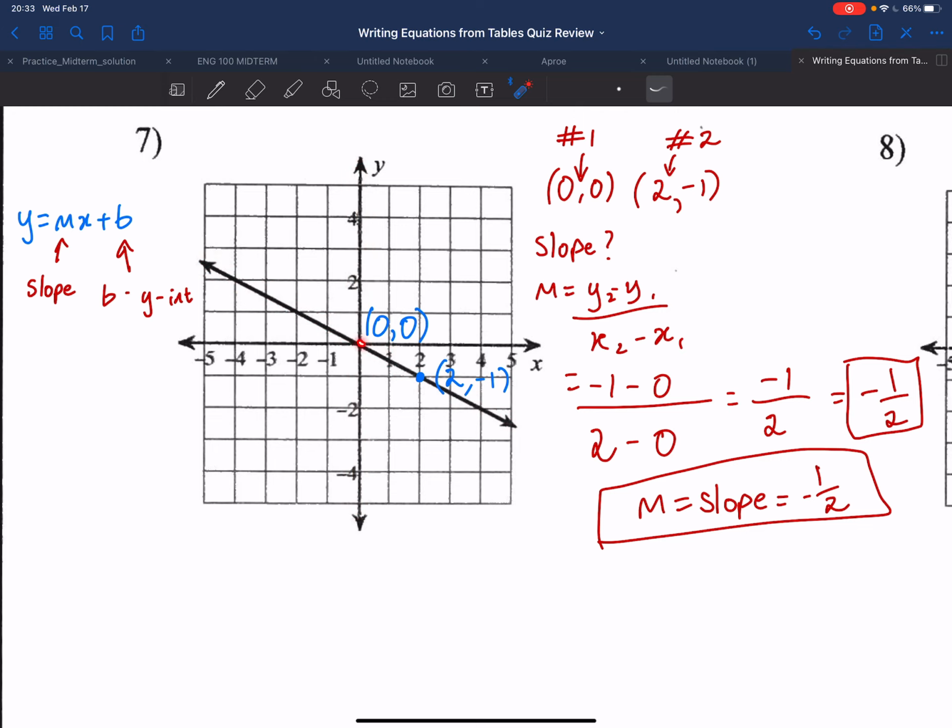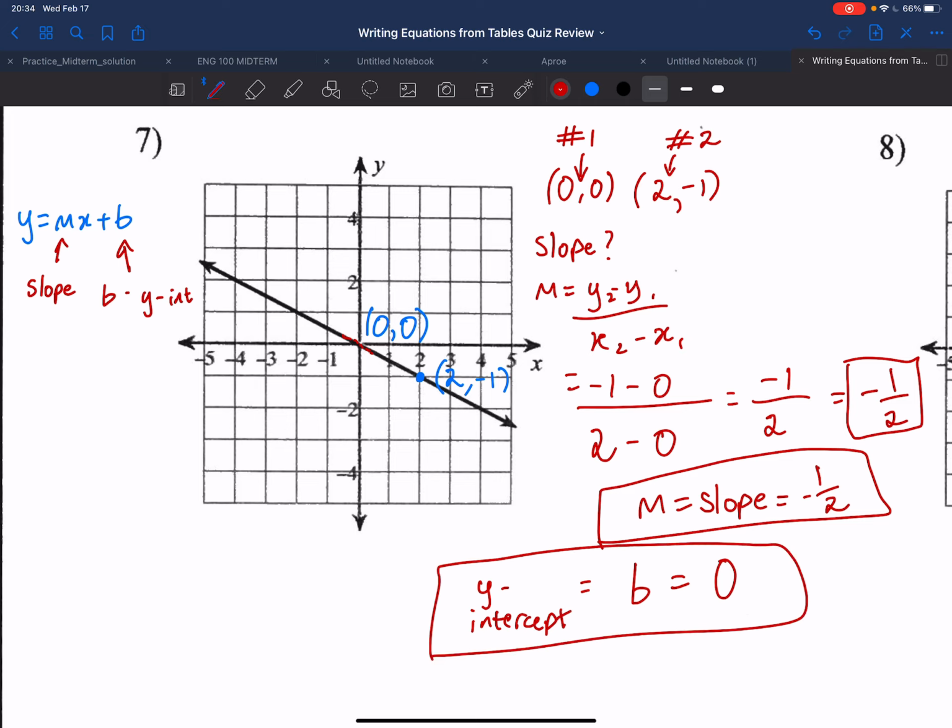Where is this graph crossing? It crosses right at 0. You could see that it goes right across here, crossing over at 0. So b, in this case, which is the y-intercept, would be equal to 0. Well, it looks like we have all we need.